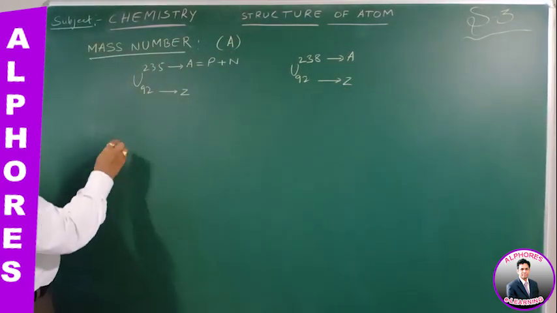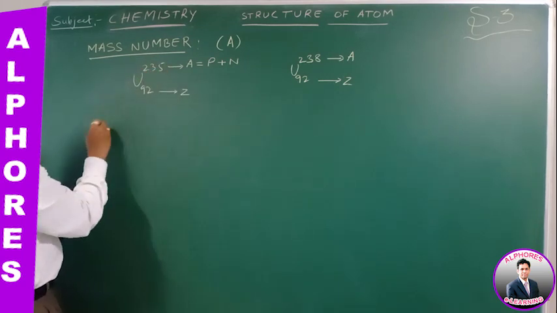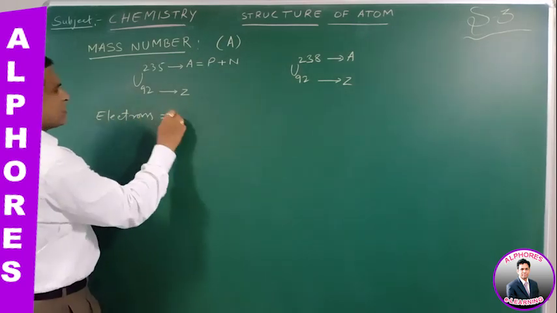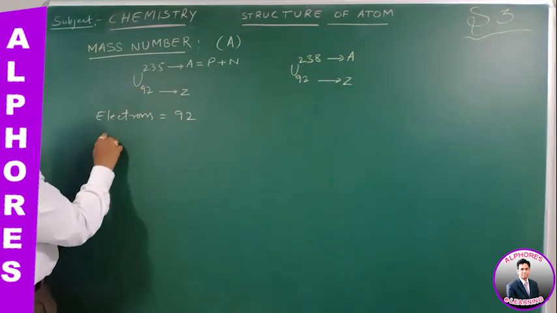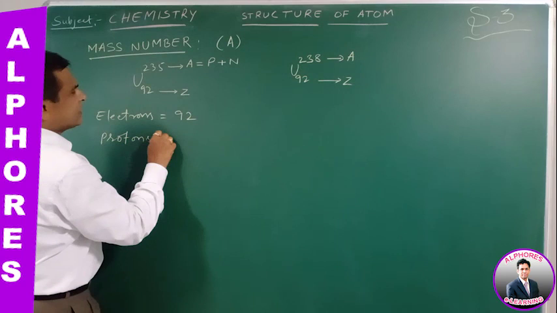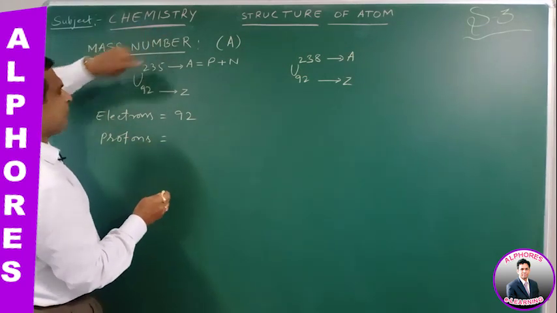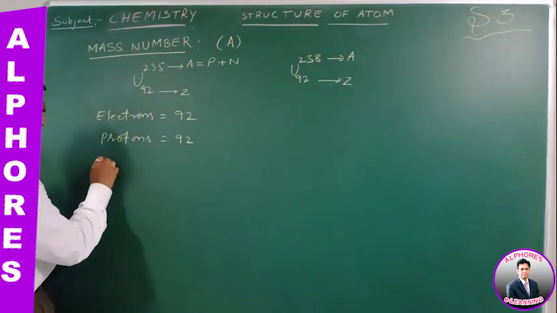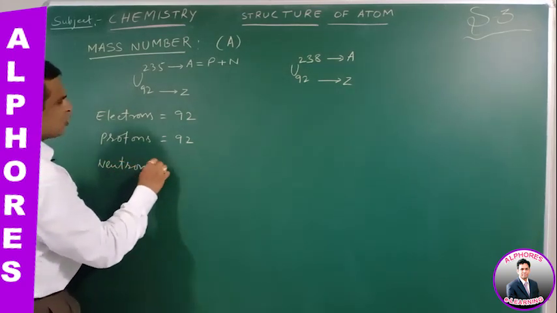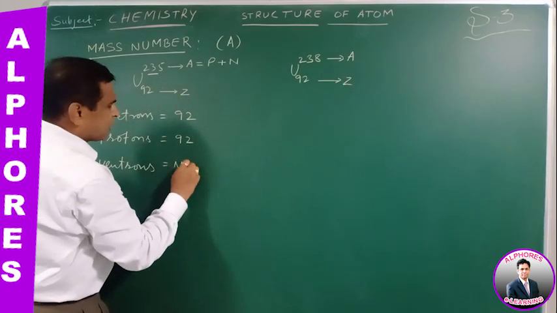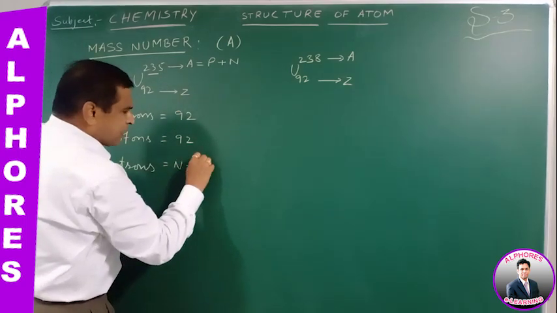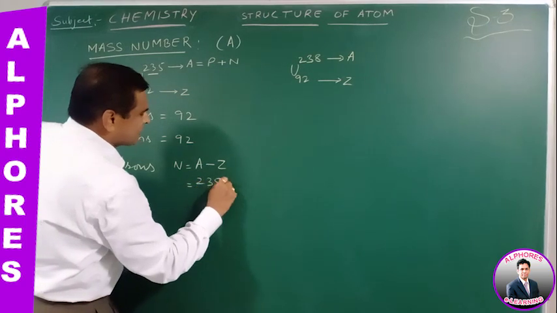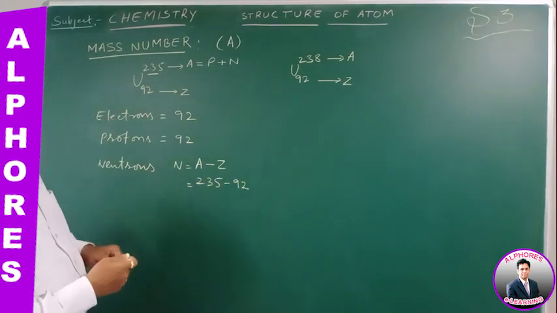Now for uranium 92-235, the number of electrons is equal to the atomic number, that means 92, and the number of protons is 92. The number of neutrons is equal to the mass number A minus Z, that is 235 minus 92. That number represents the number of neutrons.